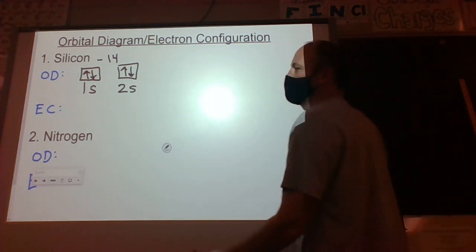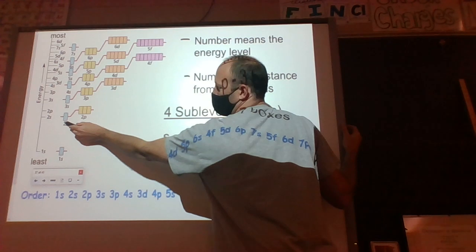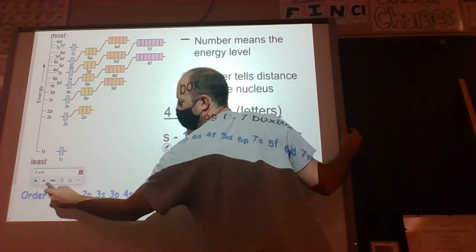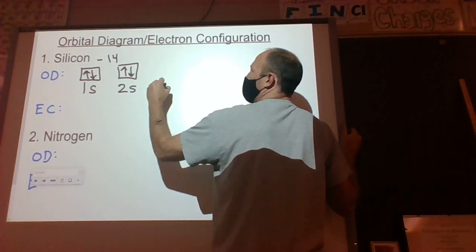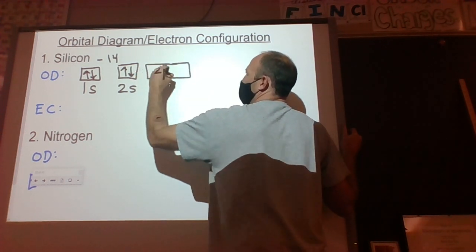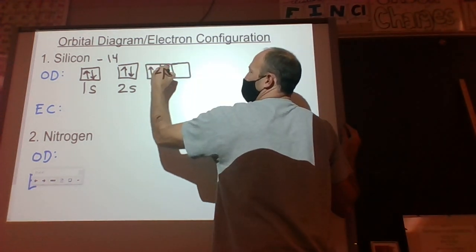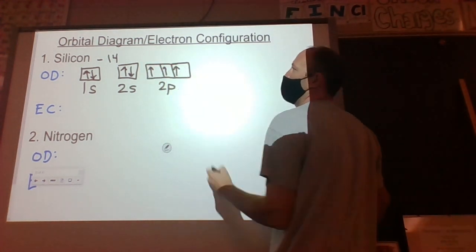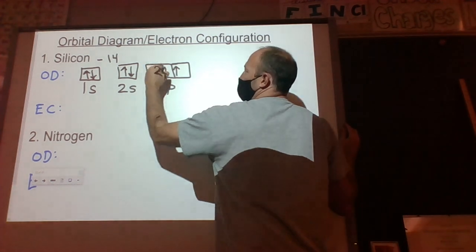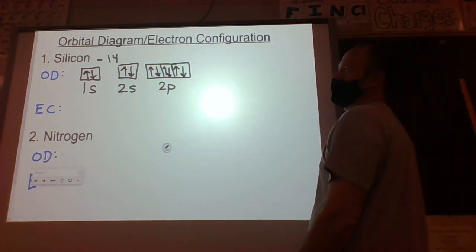Going back to this, what comes after 2s is 2p, and anytime I draw p, p needs to have 3 boxes. We would go up, up, up. There's 7. Down, down, down. Now we're up to 10.